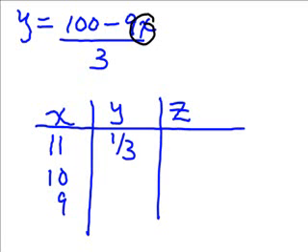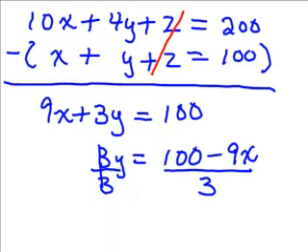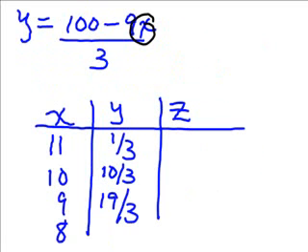Now we move down to 10. 100 minus 9 times 10 is 10, because that's 100 minus 90. So that's 10/3. That's still no good. Plugging in a 9, we get 19/3. Plugging in an 8, we get 28/3. Still no good.